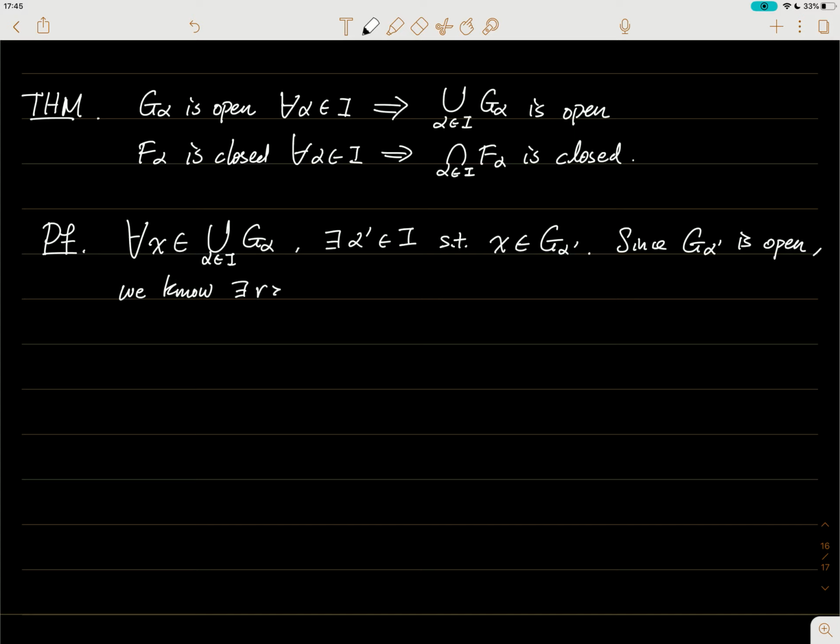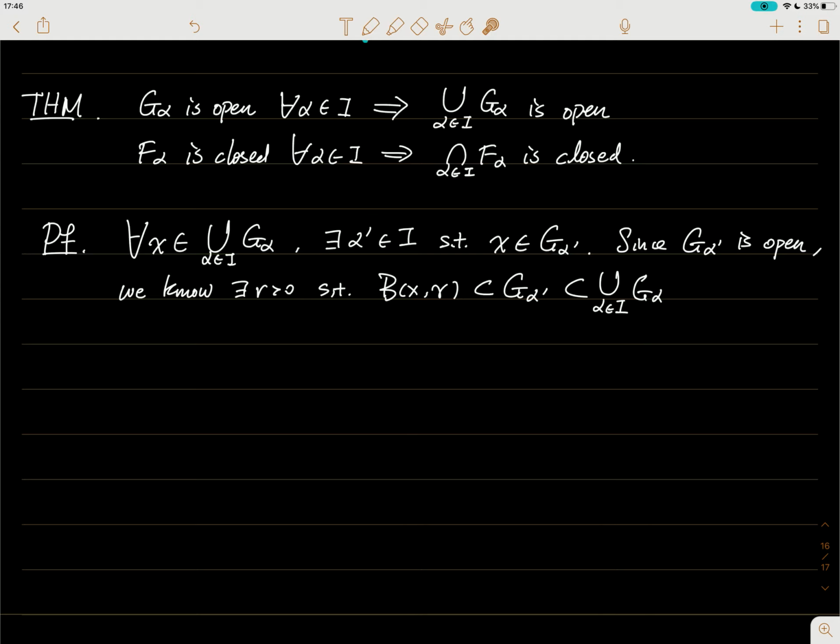We know there exists some radius r such that the ball centered at x with radius r will be contained inside G alpha prime, right? And since it's inside G alpha prime, it must be inside the union of those G alpha, because G alpha prime is just one of them. By this, we show that there exists an open ball centered at x such that the entire ball is inside the set.